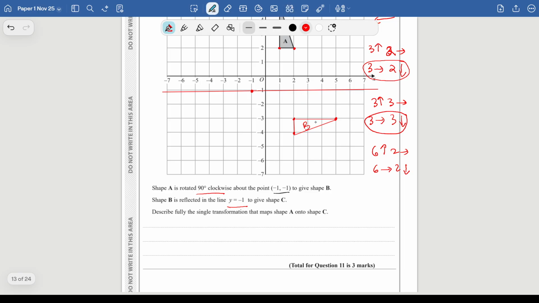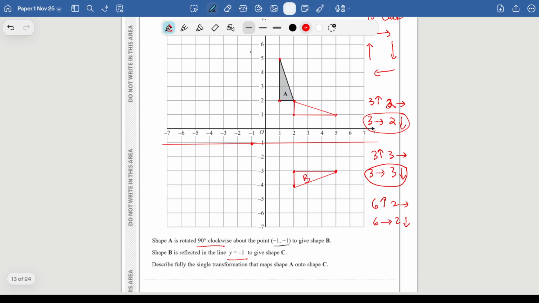Every point: this point goes 2 units up, it goes in here, so this will be here, and this point, 1, 2, is here. Now joining these points to form shape C, the reflection of shape B. So here we go with shape C.